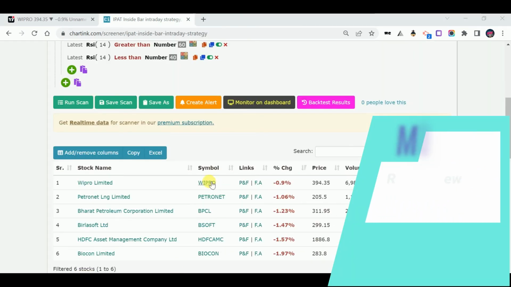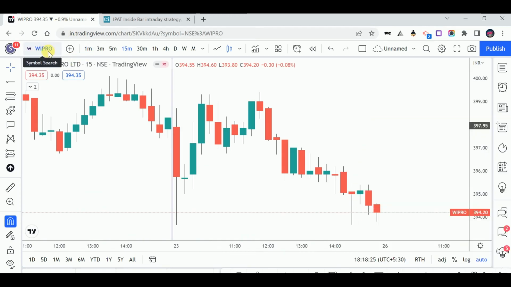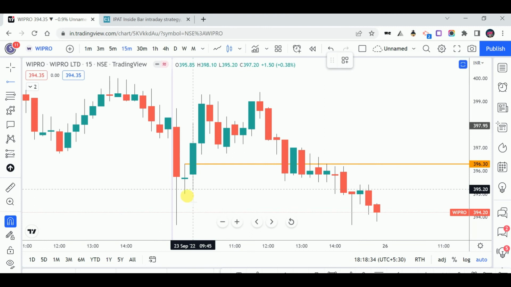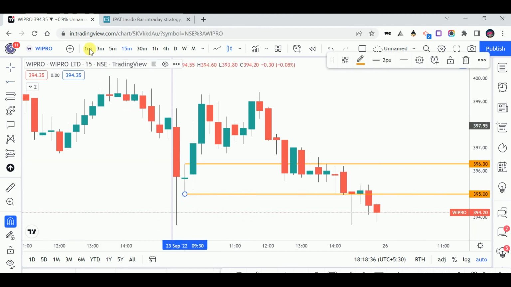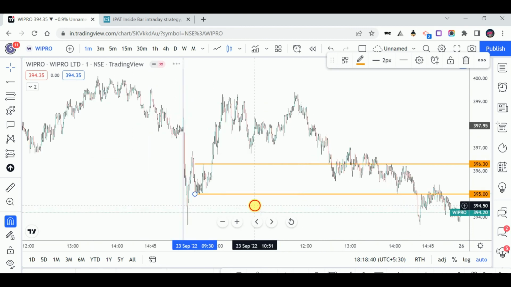In our scanner, the first script that we got is Wipro. Let's look at this in our trading terminal. So I have loaded the Wipro chart for the 15 minutes. This is the inside bar. I will mark the high and low of this inside bar. Then I will shift to the 1 minute time frame and try to identify the signal candle.